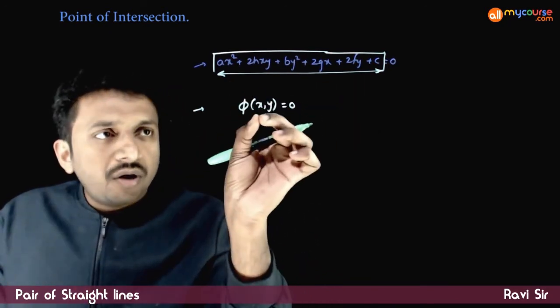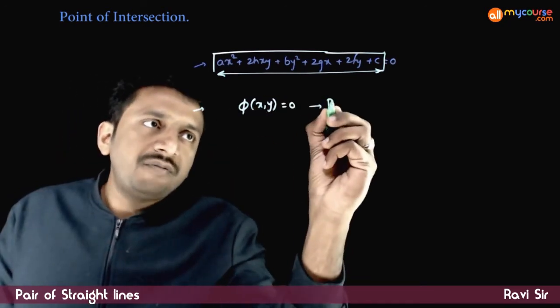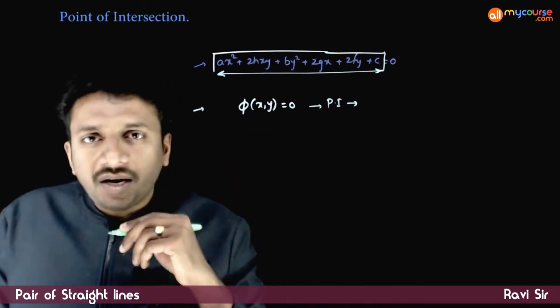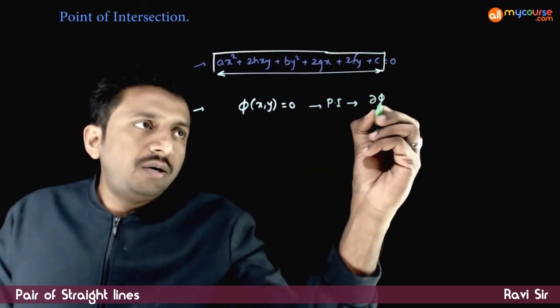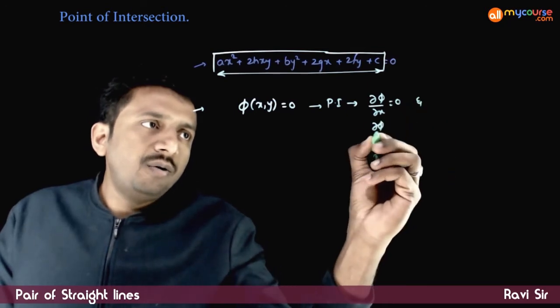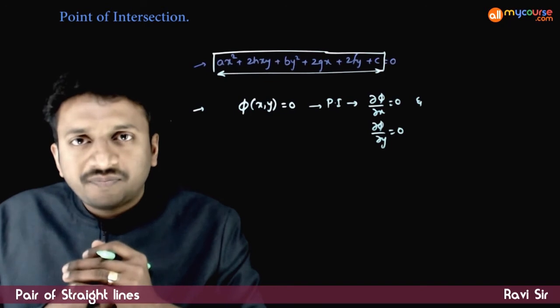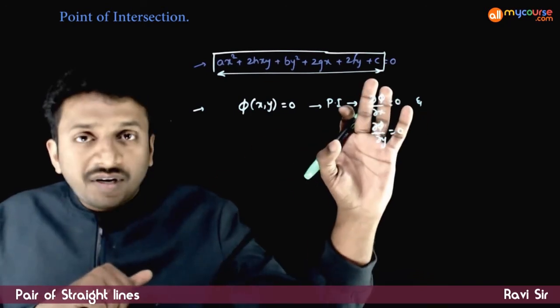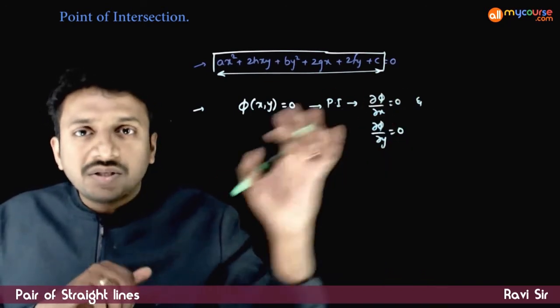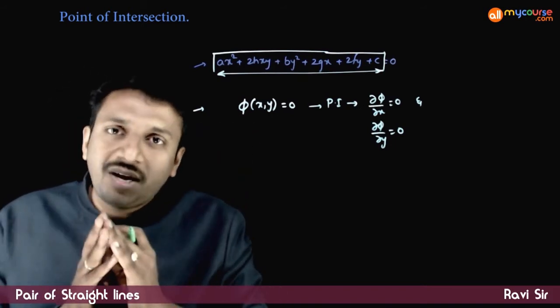The point of intersection can be obtained by solving dou phi by dou x is equal to 0 and dou phi by dou y is equal to 0. So the point of intersection of these two equations is nothing but the point of intersection of the straight lines.